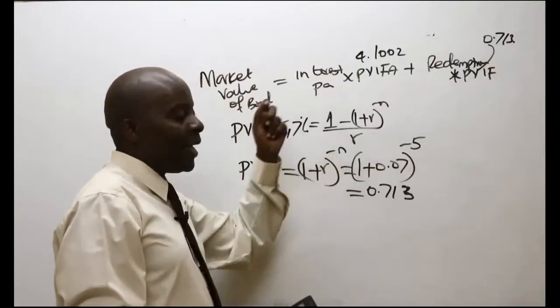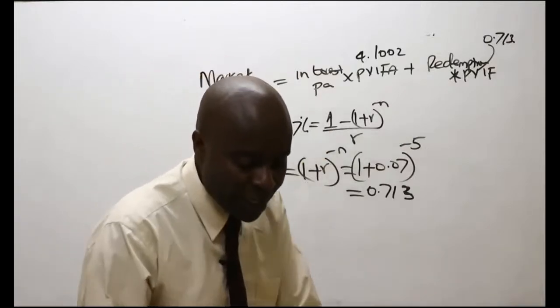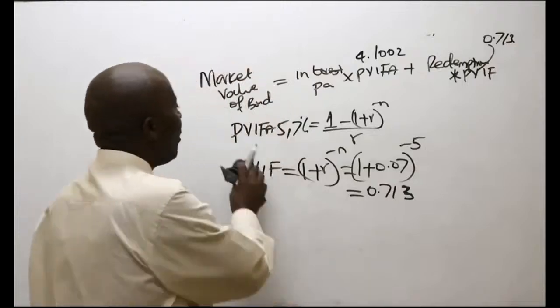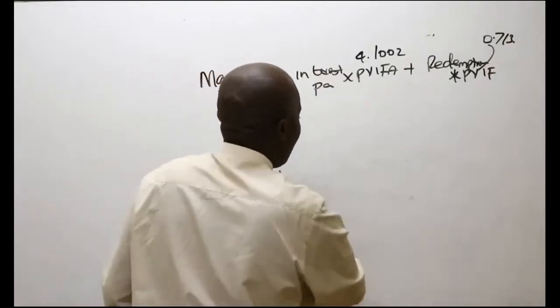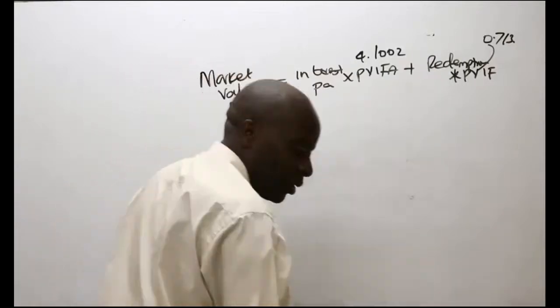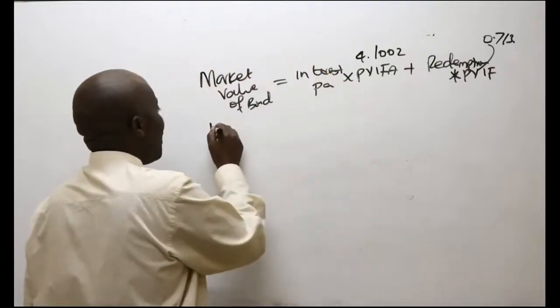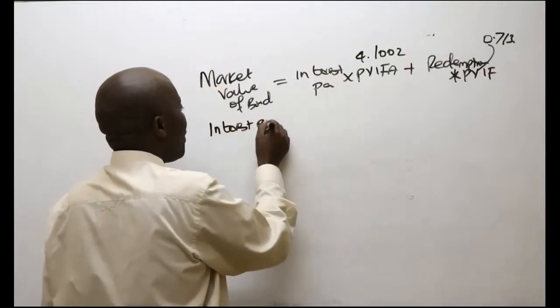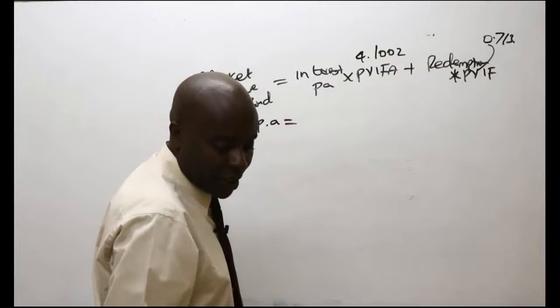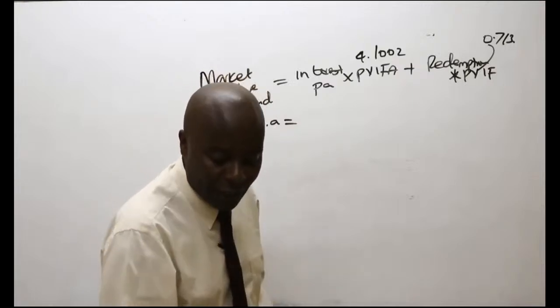So slowly, I need the interest amount per year. Interest per annum. They have given us the coupon rate.